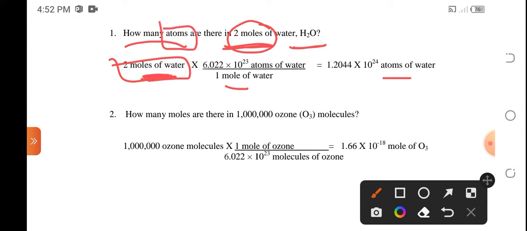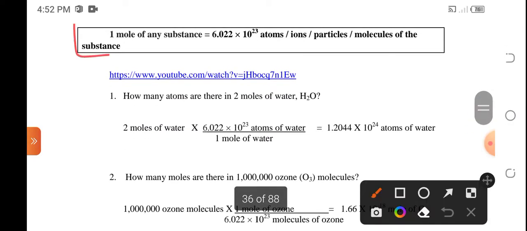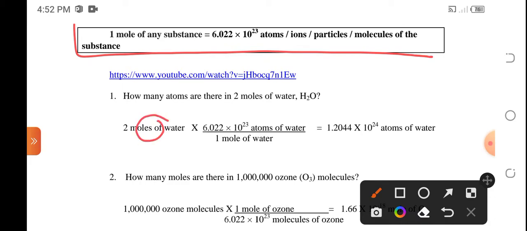We are asked to find atoms. So we make use of Avogadro's number, which is 6.022 times 10 raised to 23. But going back to the conversion, we have moles here, so we should multiply it by 1 mole of the substance, here water, placed in the denominator so that it cancels. That is the process of dimensional analysis.